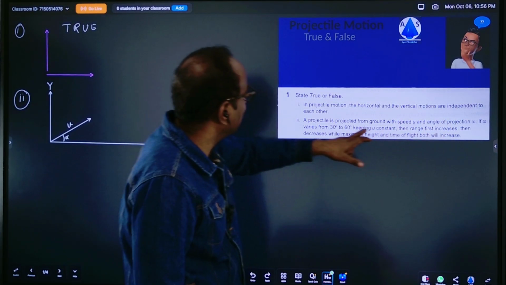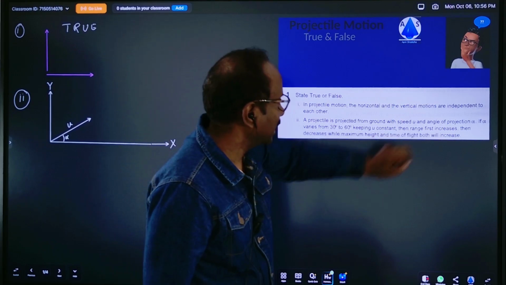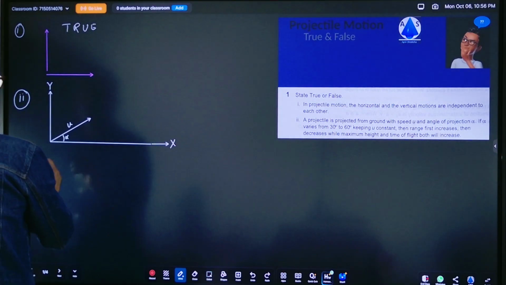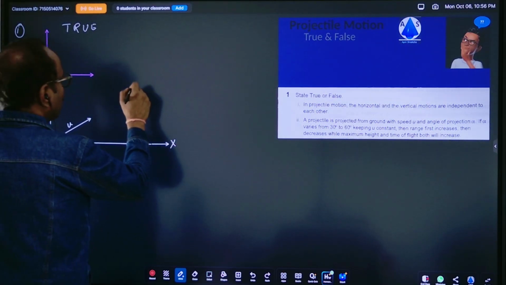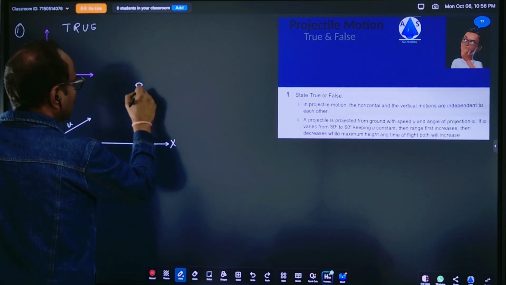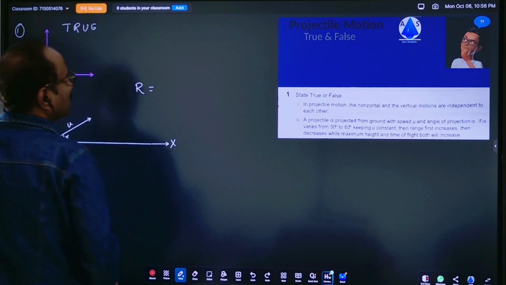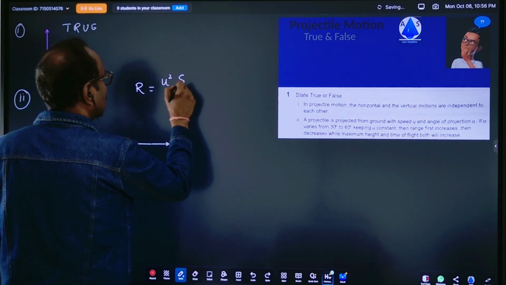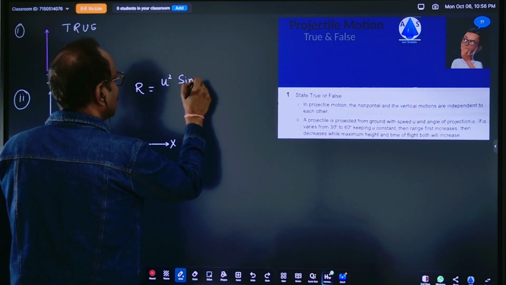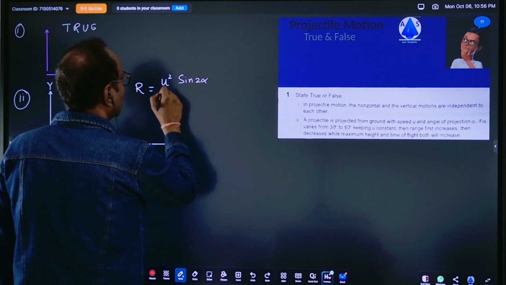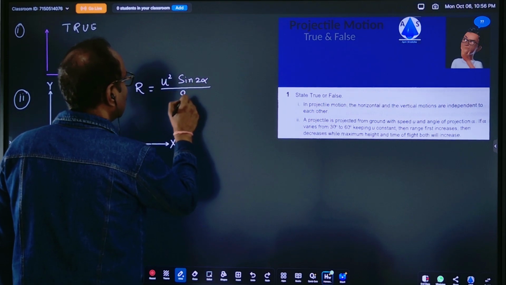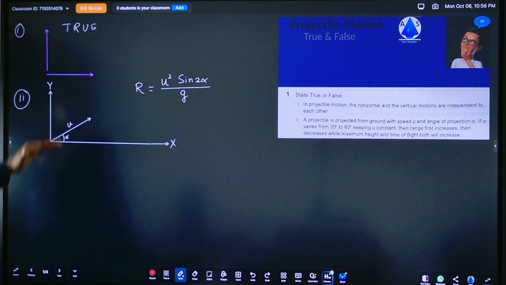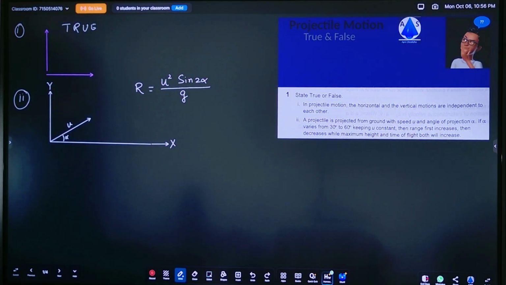First thing we should look into, it is asking for the range. So you know that the formula for range is u square sine 2 alpha by g for this motion.